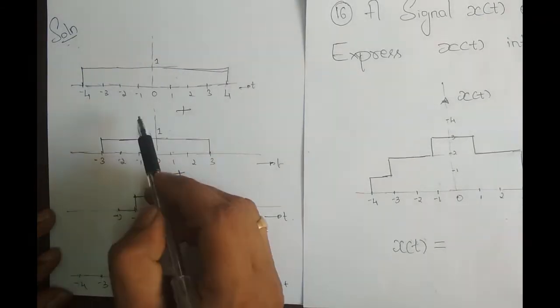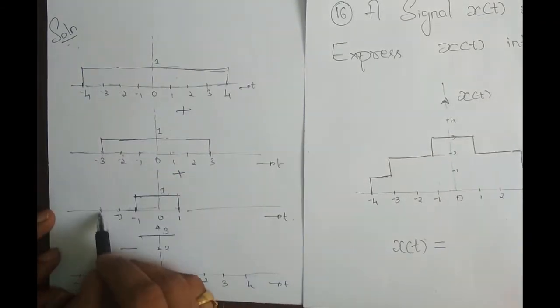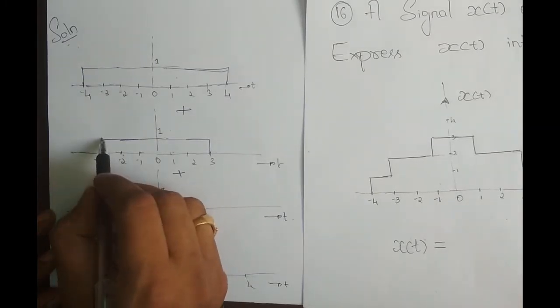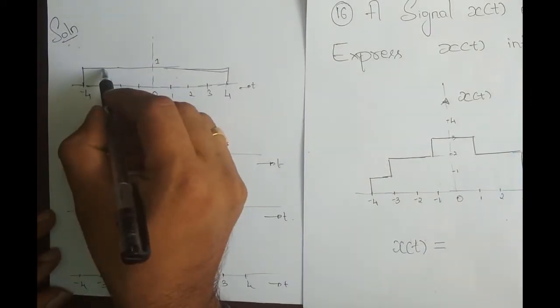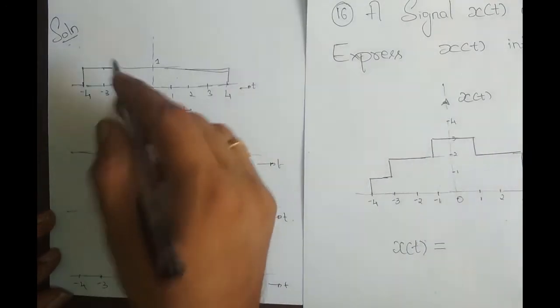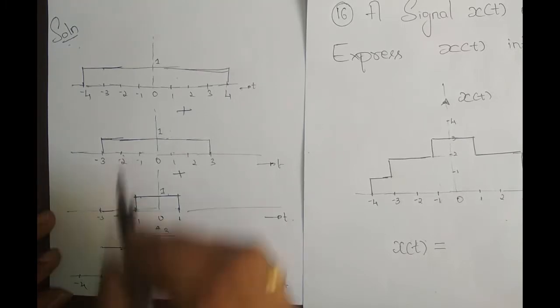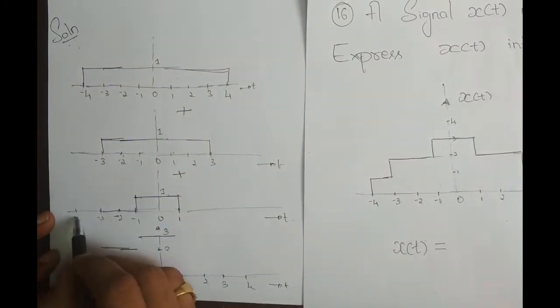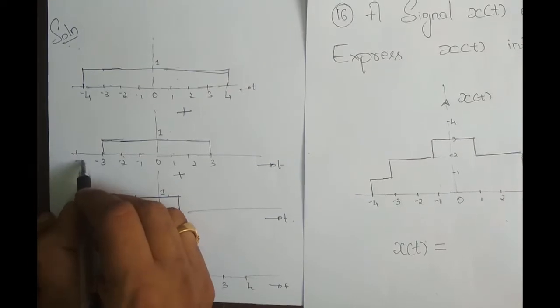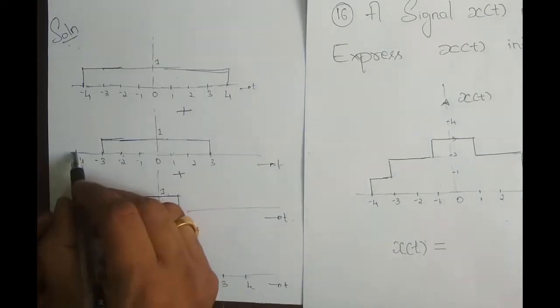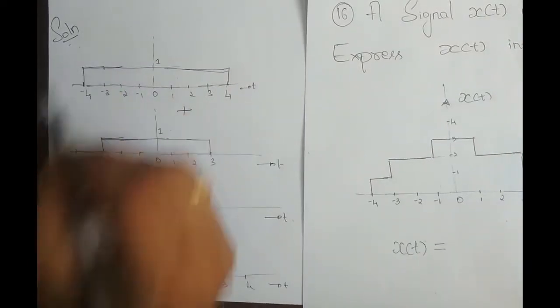Okay. From -3 to -2, what is the amplitude of the first signal? It is 0. Plus the amplitude of the second signal is 1, and the third signal is 1. So 0 plus 1 plus 1, which is 2. For t varying from -4 to -3, the amplitude of the first signal is 0, the second signal is 0, and the third signal is 1.